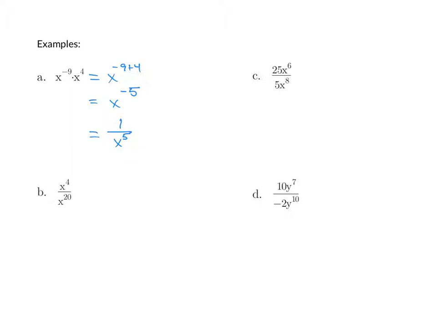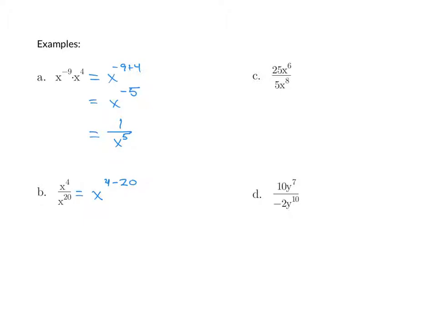Let's look at example B. In previous sections, we talked about the quotient rule. According to the quotient rule, we wanted to do x to the 4 minus 20. We always moved up our bottom exponent, and that still applies.